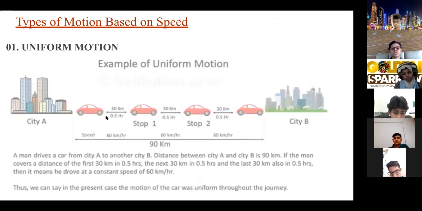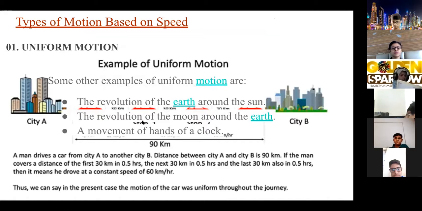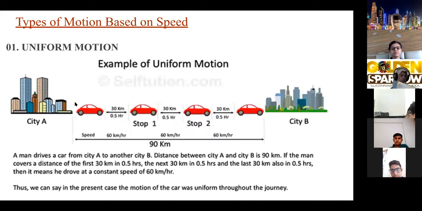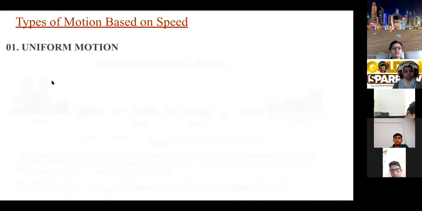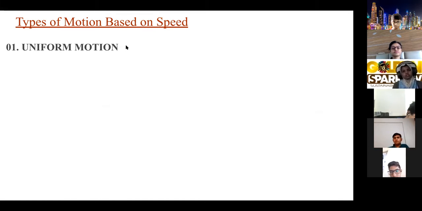That means suppose this car is moving. Now suppose this car is there. This is a car at point A. It starts from point A. In 1 hour, it covers 30 kilometers.